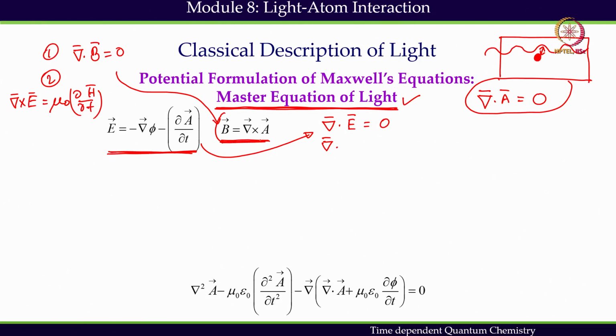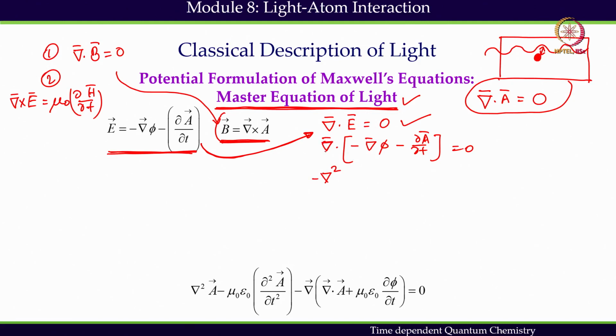Now, we had the other 2 equations and we have to combine them. One of the equations was this divergenceless E, and that is exactly what we are going to use, and now we are going to plug that in here. If we do that, then we get minus this scalar potential part, minus this vector potential part equals 0, or it is nothing but minus this del square operator.